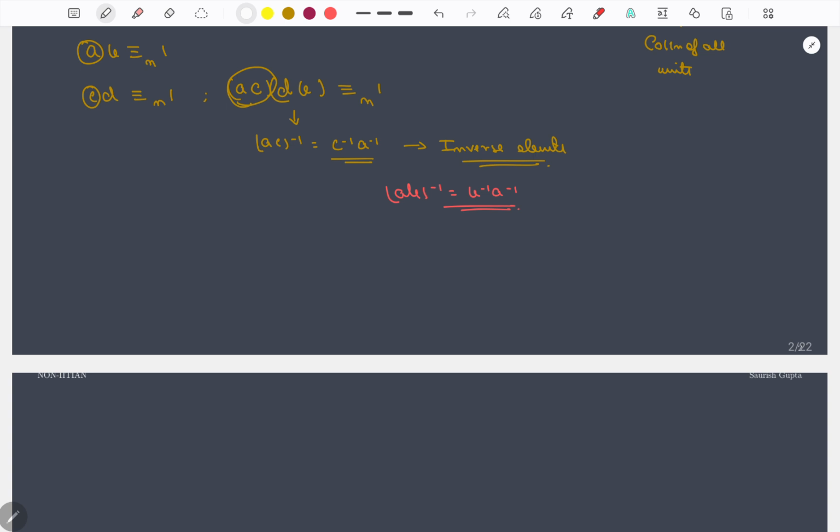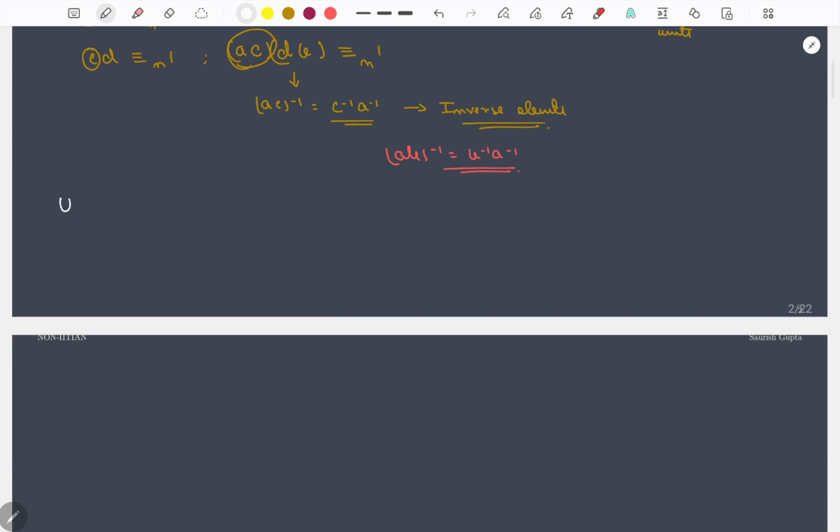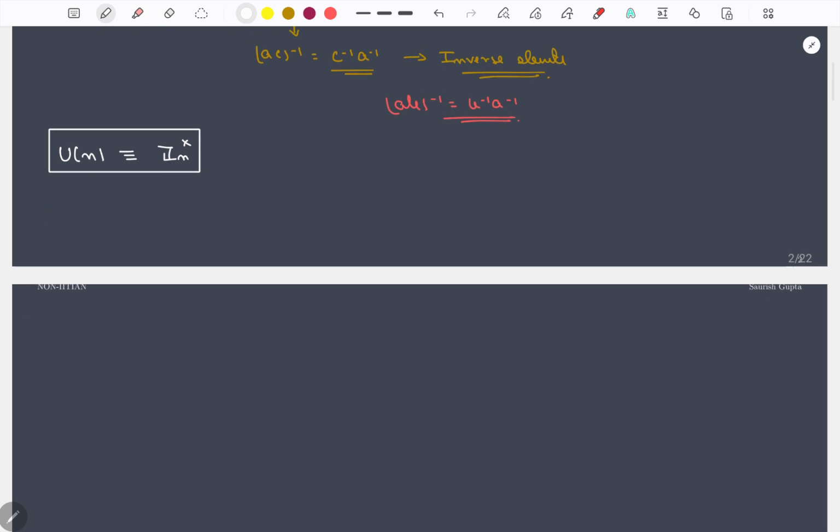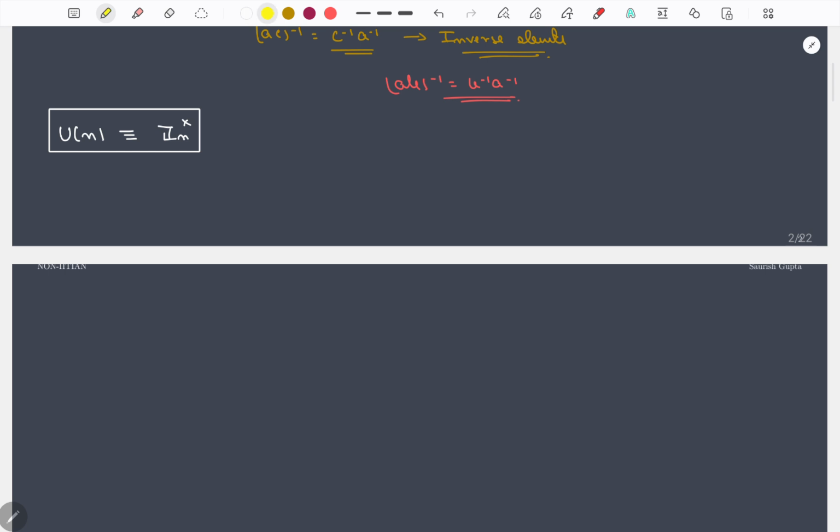Now, Un is the basic notation for the unit elements of Zn. So what should be typically the elements here? The first thing, observe that suppose a is an element in Zn, and let us just avoid 0 because the element 0 is of no use, obviously.